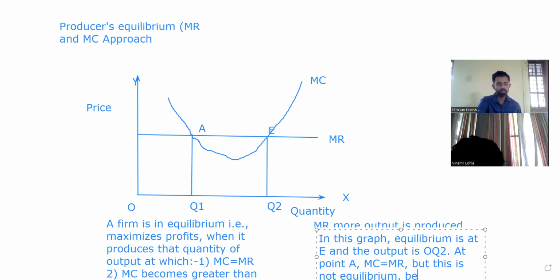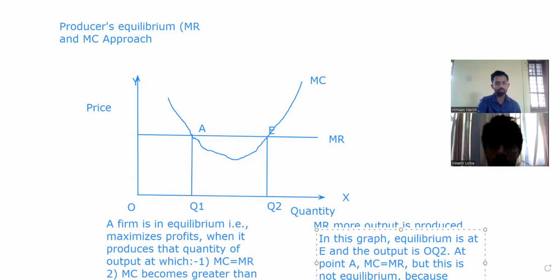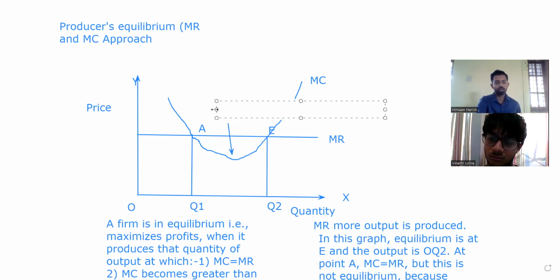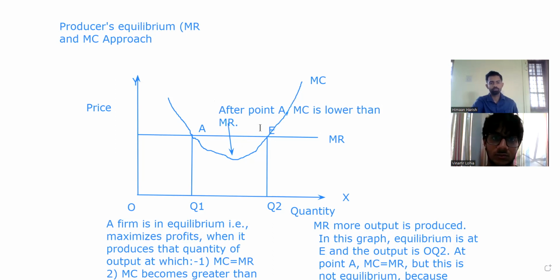Because beyond A, MC is lower than MR. After point A, MC is lower than MR, and only at the point E it reaches MR again and it's at an equilibrium point.